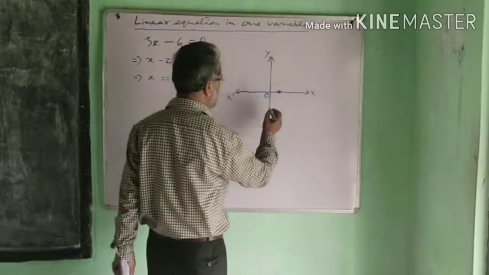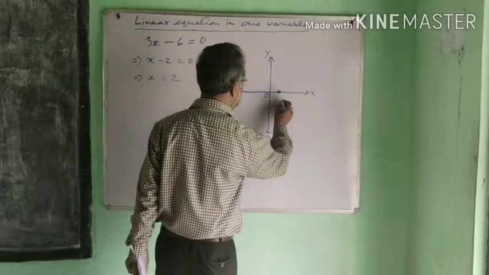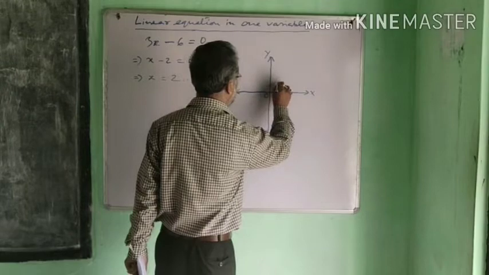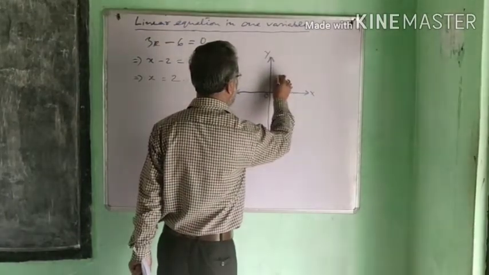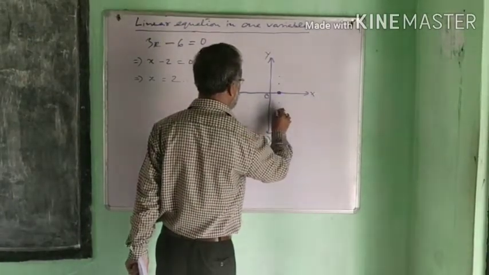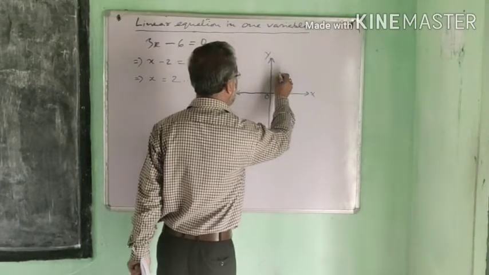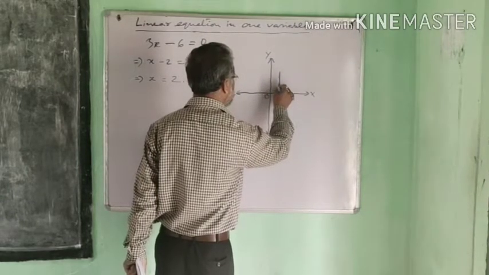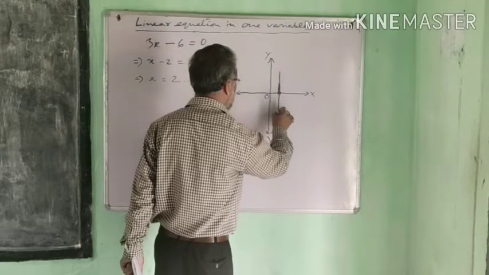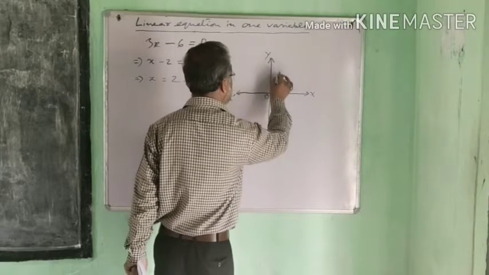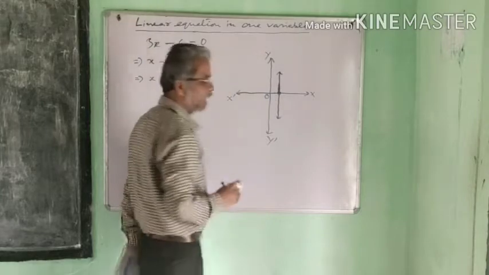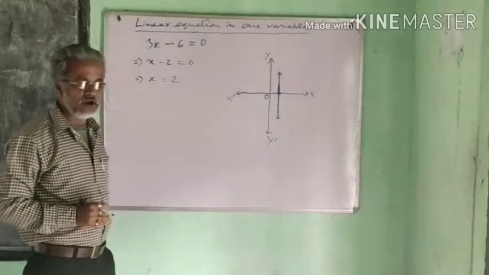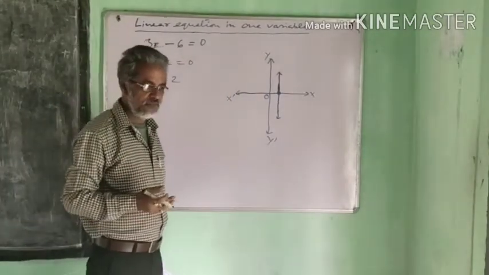If we take other values, we will get points like this. Whatever may be the value of y, the value of x is always 2. Ultimately, we get a line which is parallel to the y-axis at a distance of 2 units on the right side of the x-axis.